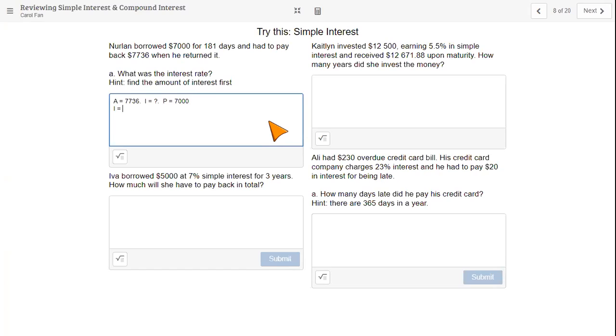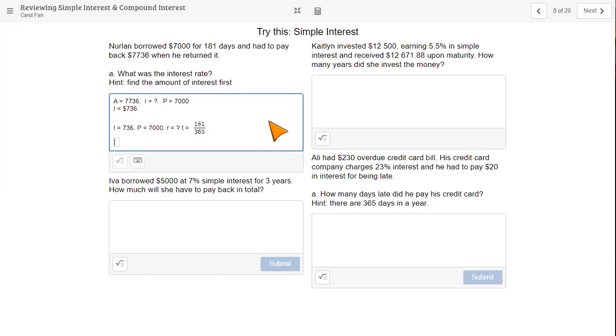So that means our interest in dollars, $736. So for us to find the rate, we now have our interest, P is 7,000, R is unknown, and time is 181 over 365. We're expressing it as a fraction out of the total number of days.